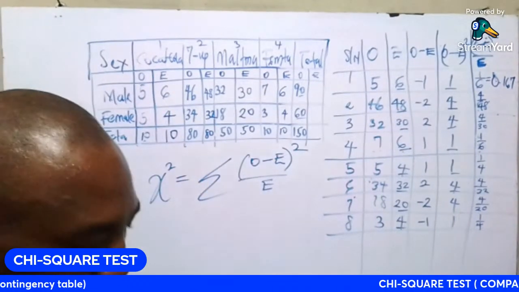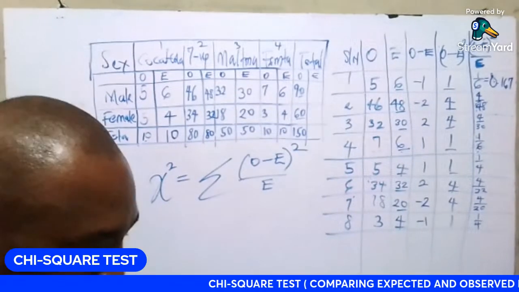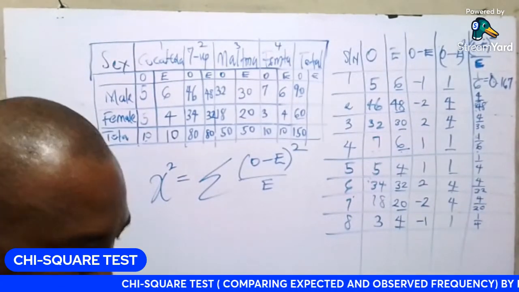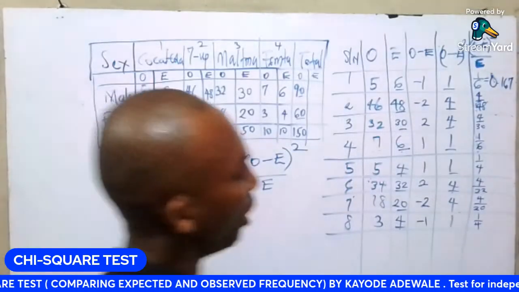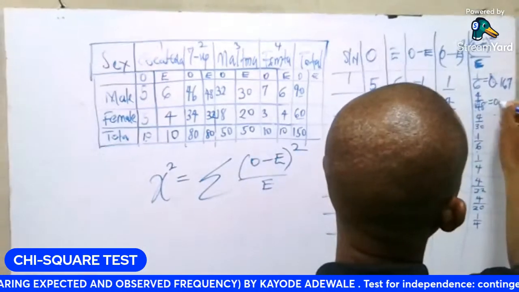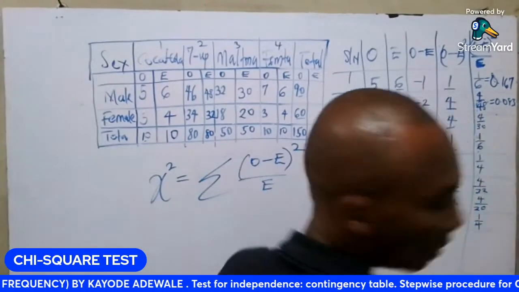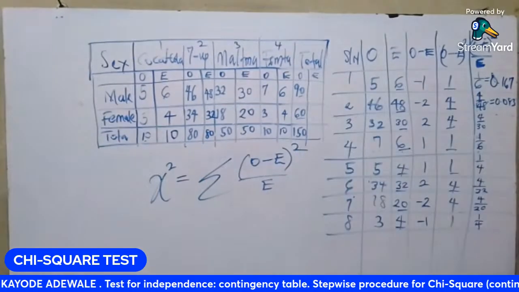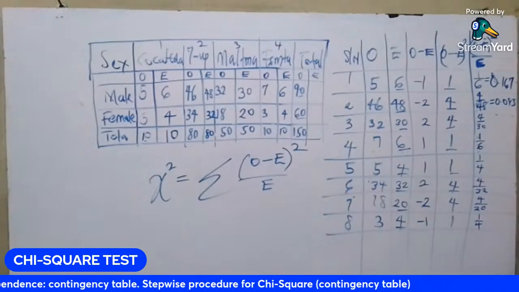That gives 0.167. So the second one, 4 divided by 48, that's giving me 0.083.